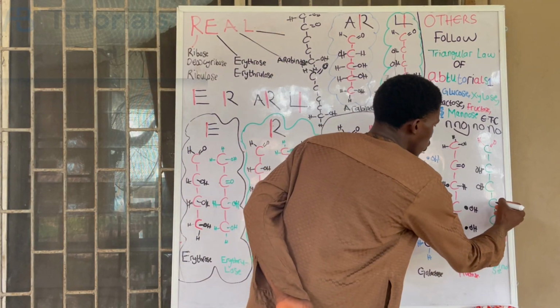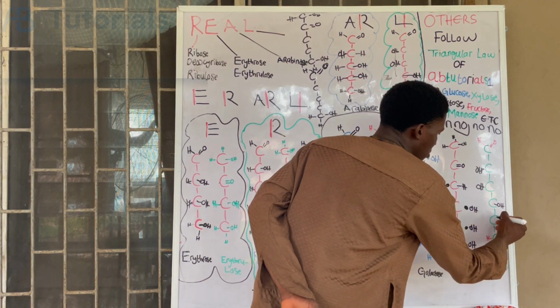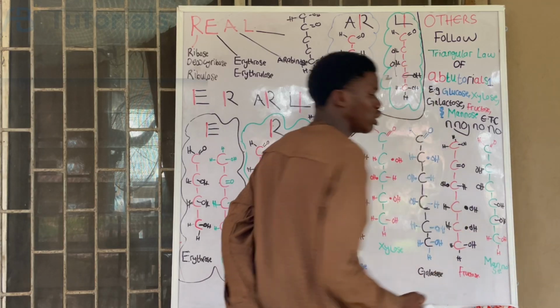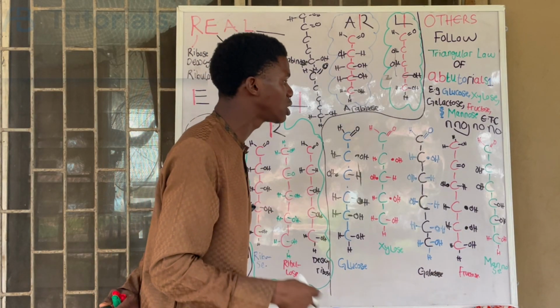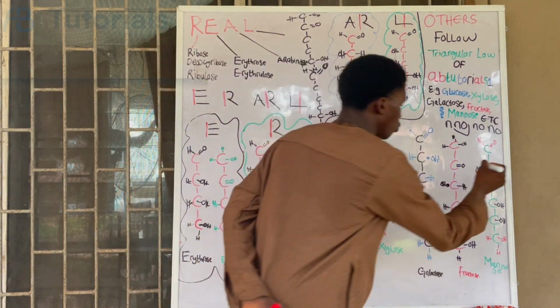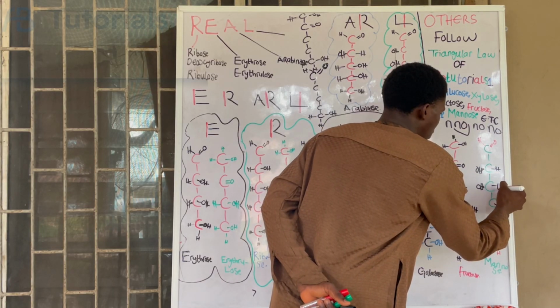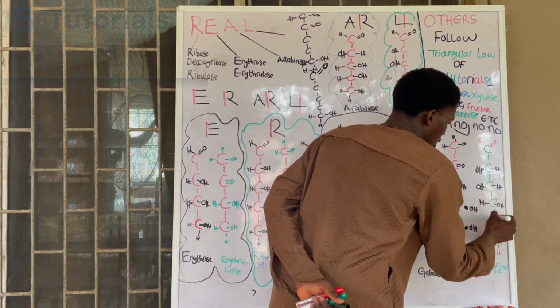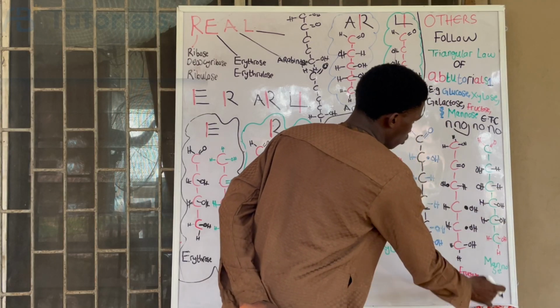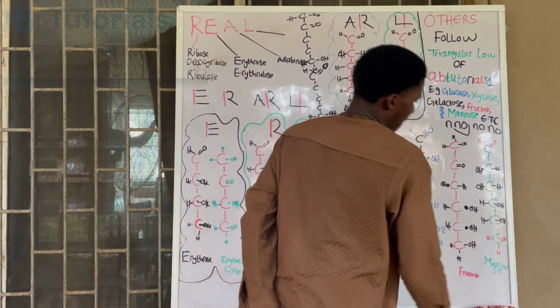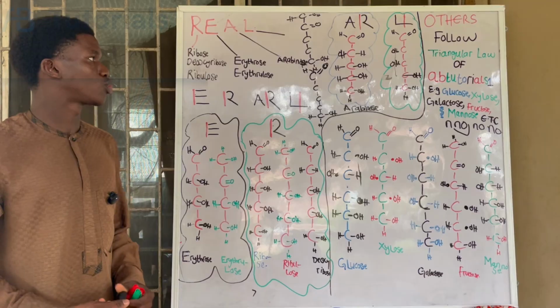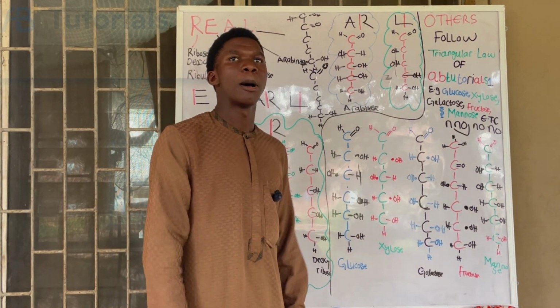So he's going to put two OH on the right back. So this guy has corrected his two wrong deeds with two good deeds. I hope that is clear. So you put your hydrogen here, hydrogen here, hydrogen here, hydrogen, and this is the structure of our mannose. So that is the end of the mannose.